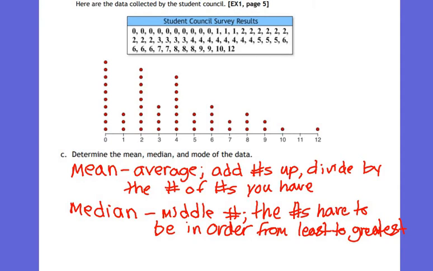The middle number when your numbers are in order from least to greatest.